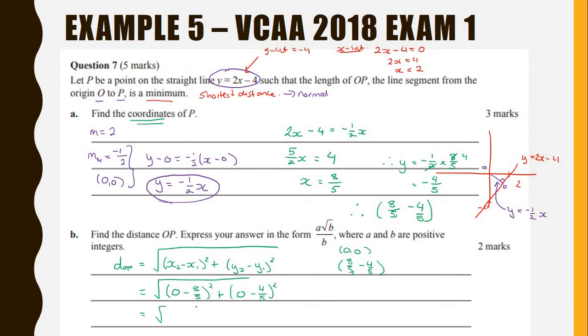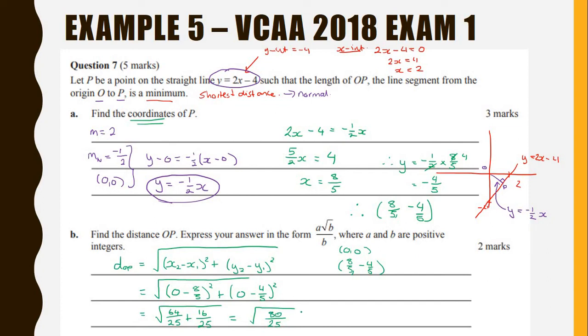We can square both of these. 8 squared is 64 over 5 squared is 25, plus 4 squared is 16 over 5 squared is 25. When we're adding fractions together, we keep our common denominator and we add the numerators.